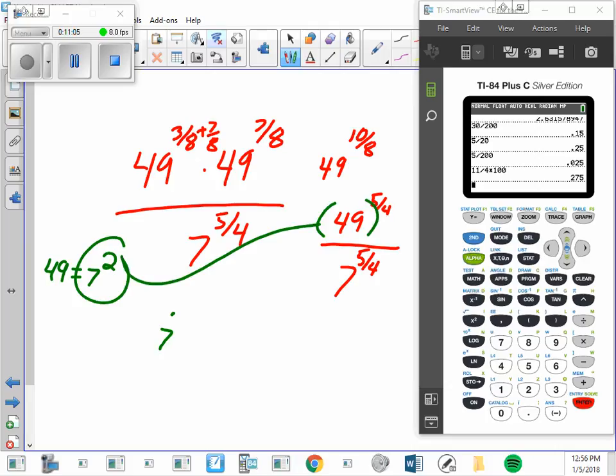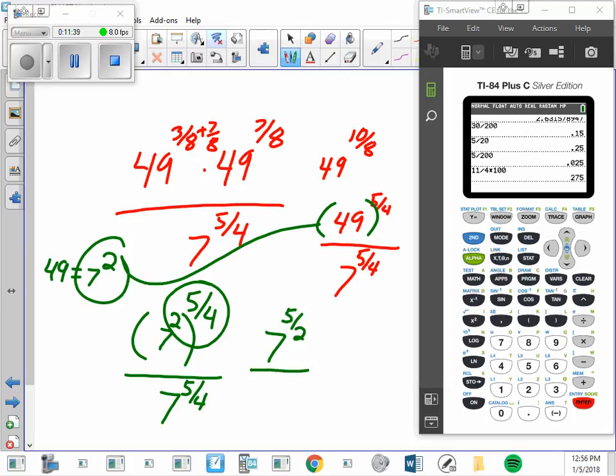So 7 squared raised to the 5/4 divided by 7 to the 5/4. Not quite. What do you do there? Multiply them. So 7 squared to the 5/4 becomes 7 to the 10/4, which simplifies to 5/2. So I have 7 raised to the 5/2 divided by 7 to the 5/4.